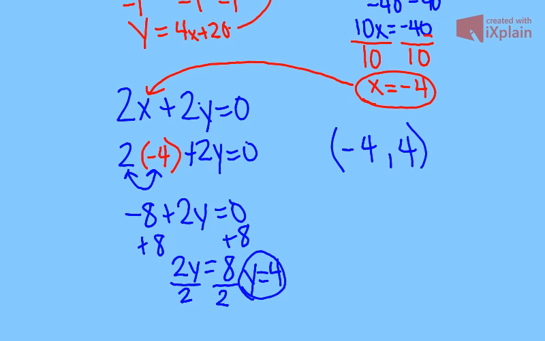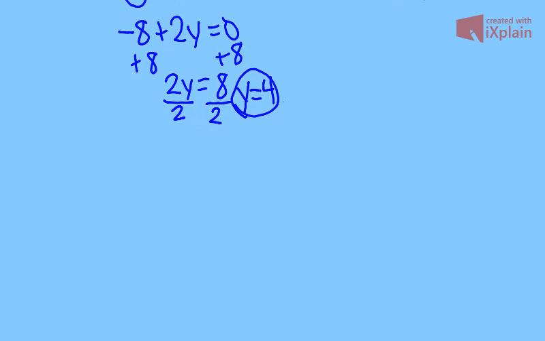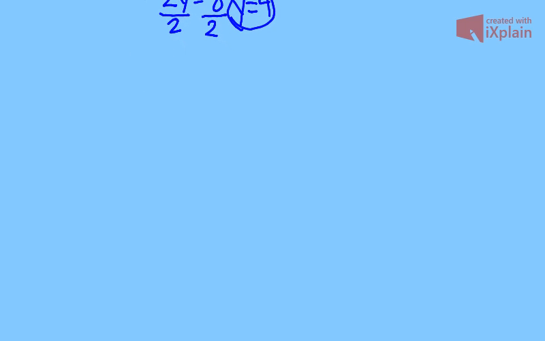And then what you can do to double check to make sure that it's true is take that negative 4, 4 and plug it back into both of your original equations to double check if it works. So I'm going to change my color here, and I'm going to start out with the first equation again. We have 2x plus 2y equals 0.